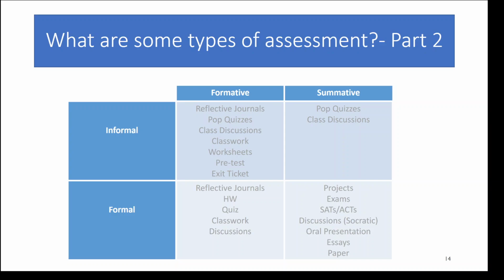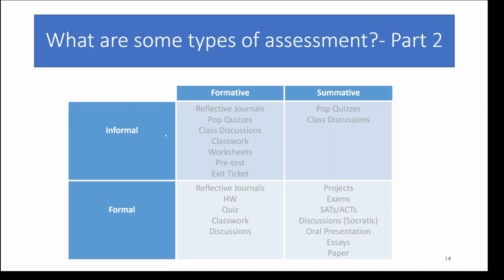Yeah, so again, as we are thinking about what counts as a formative informal assessment, formal formative, informal summative, and formal summative, here are some things that fit into different categories. A formative informal assessment might be the things listed here. Even exit tickets count as an assessment. I know not everybody thinks of that, but they do.